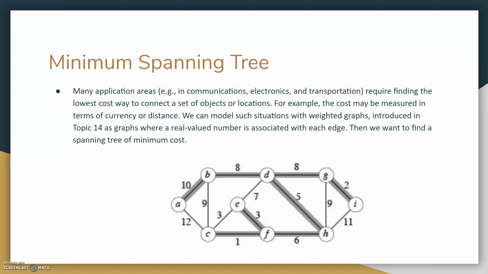Many application areas like communication, electronics, or transportation require finding the lowest cost way to connect a set of objects or locations. The cost may be measured in terms of currency or distance. We can model such situations with weighted graphs, which were introduced in the textbook, and we want to find a spanning tree with minimum cost.